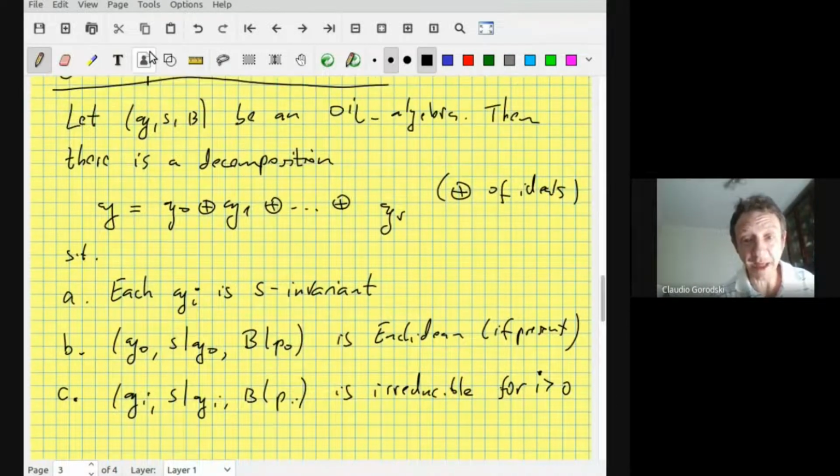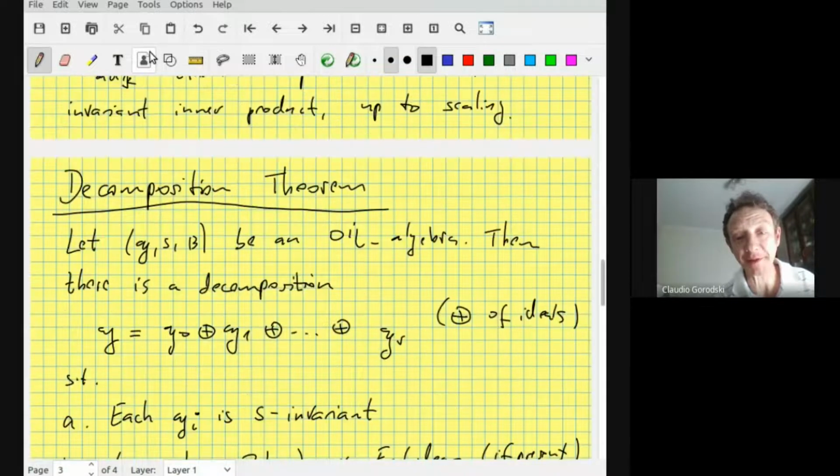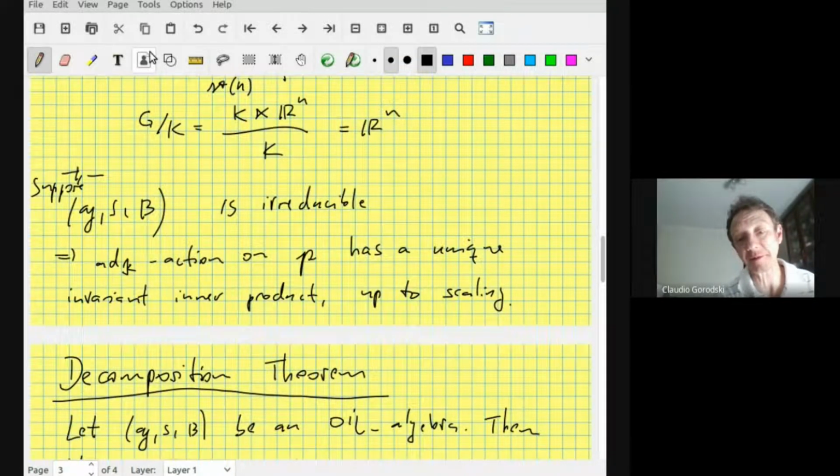So the bottom line is that if we have a symmetric space and we associate a Lie algebra and decompose like this, then if the symmetric space is simply connected, then it will have a corresponding decomposition into a Euclidean space and a product of irreducible symmetric spaces. Okay? And each irreducible symmetric space will have a unique invariant Riemannian metric up to scaling. Each irreducible factor.